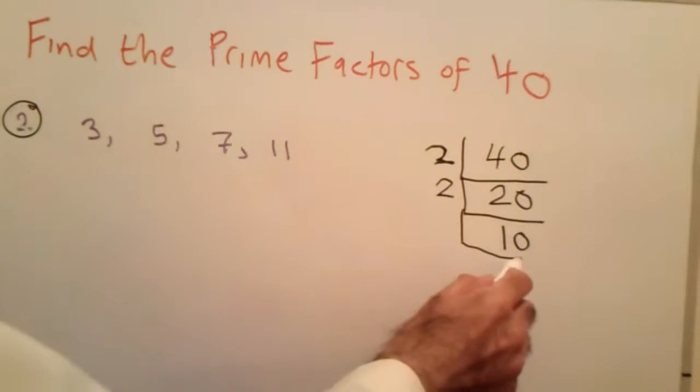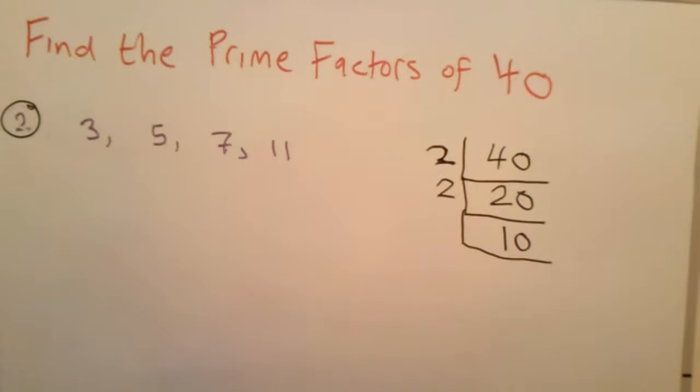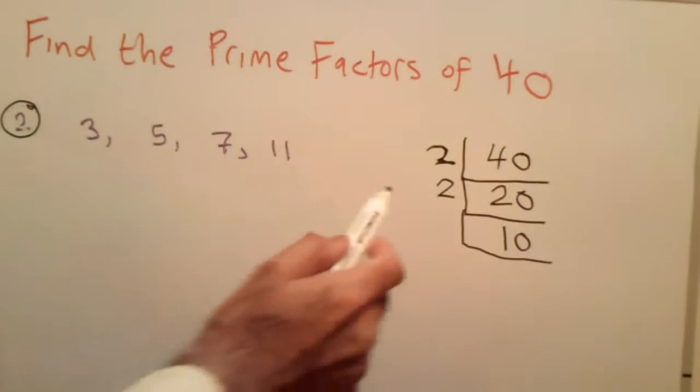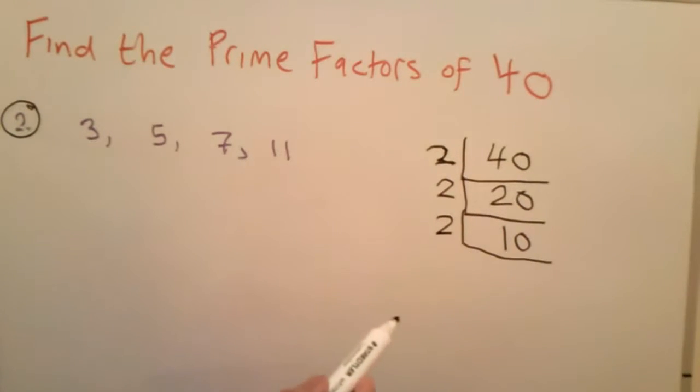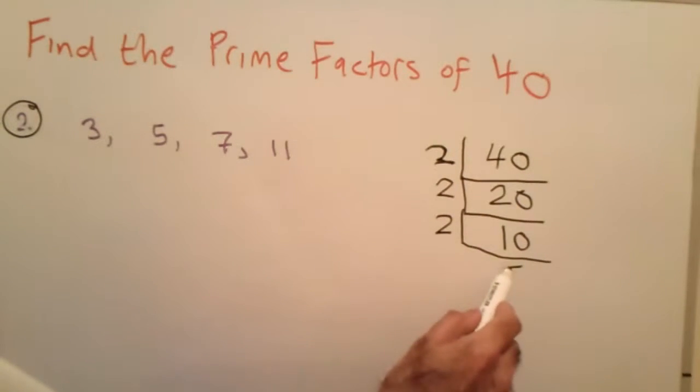Draw another little box. Now, does 2 divide into 10 to get a whole number? Yes, it does. We get 5. So write down 2 again. 10 divided by 2 is 5. So write down 5.